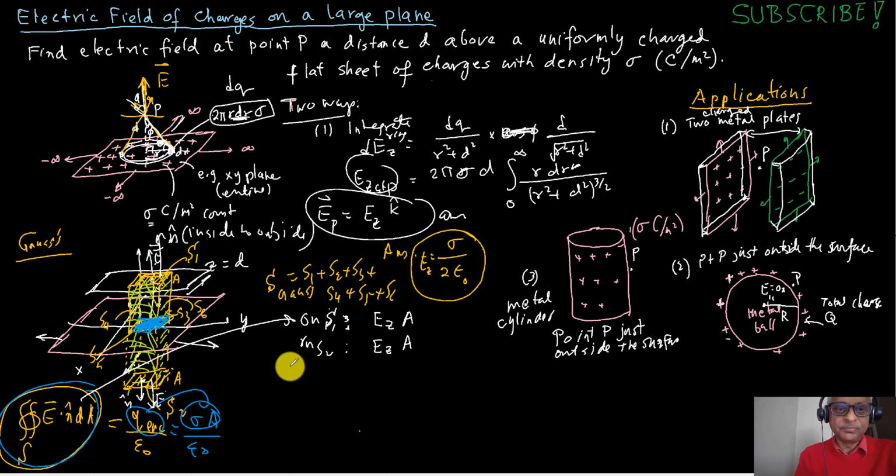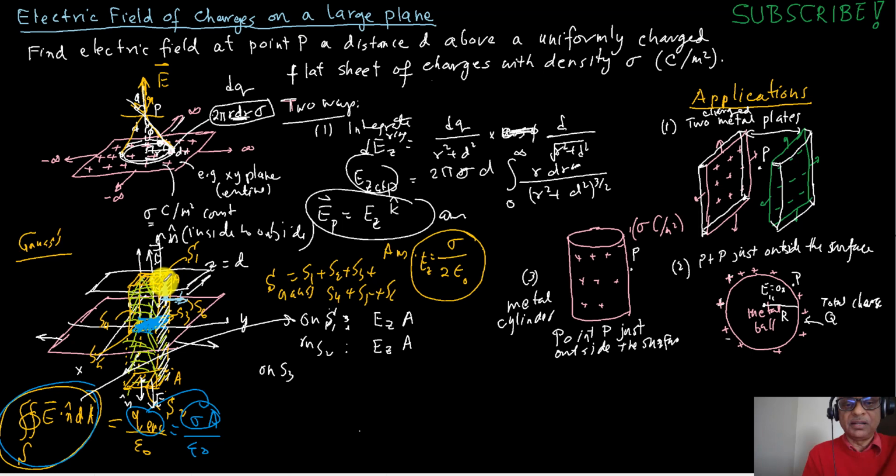And on S3, on any point above the plane, the electric field points that way, but the normal is pointed to the y direction, while the electric field points in the z direction.